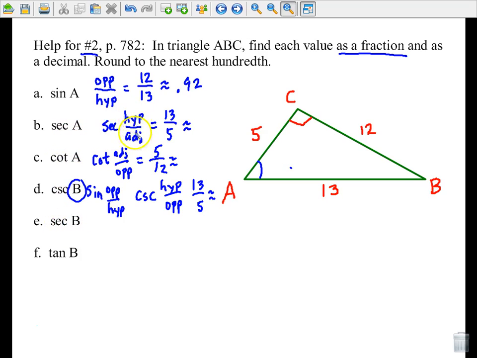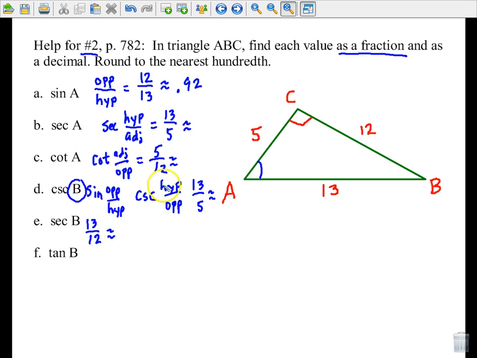Remember, secant is hypotenuse over adjacent. And now we're going to do that for angle B. All right, so for angle B, the hypotenuse again is 13. The adjacent side for angle B is 12. And then the decimal form.